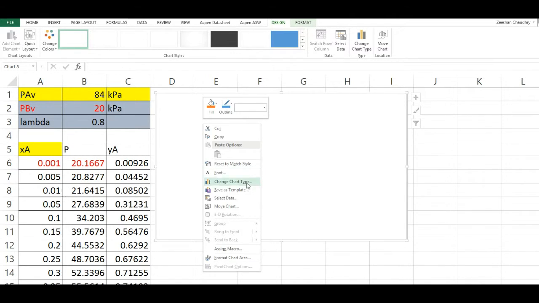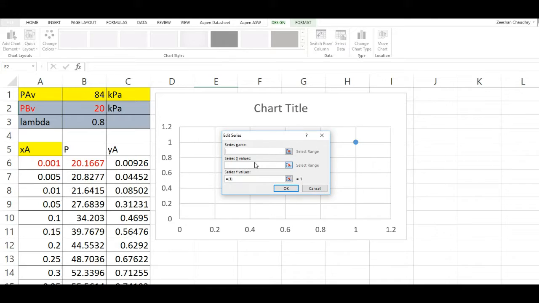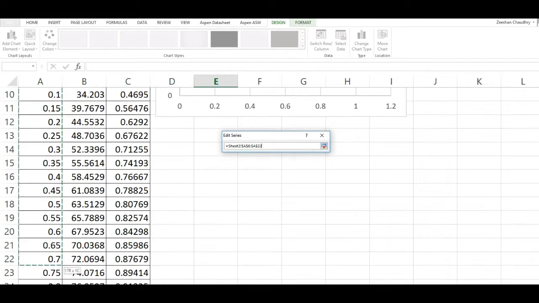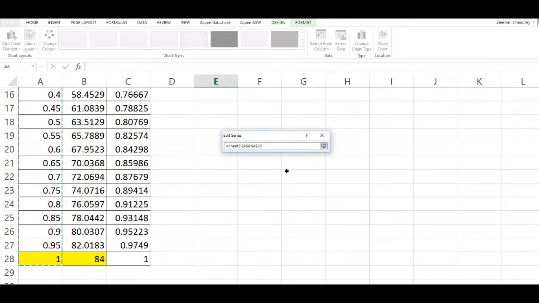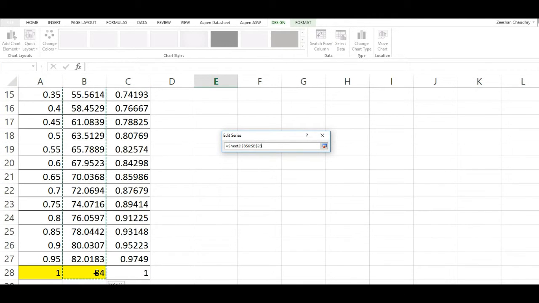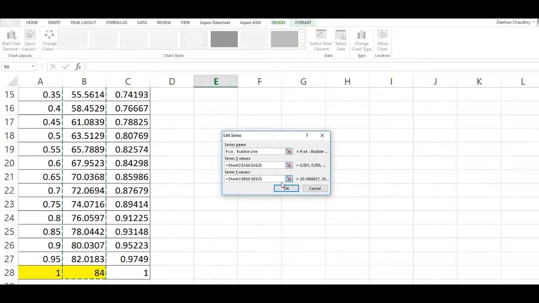So here we go: right click, select data, add, and let's call this Pxa, or we can call this the bubble line. And let's pick our corresponding x values as follows. Right, and let's pick our corresponding pressures that are computed from our chosen values for xa.